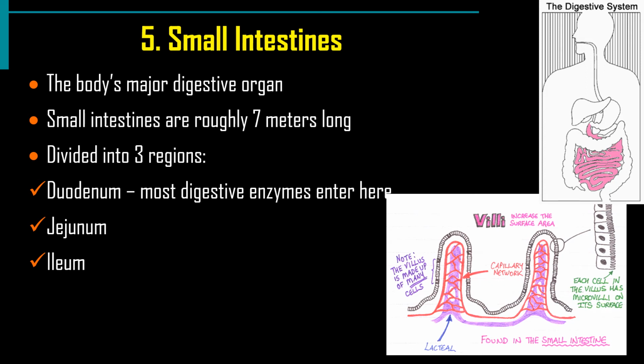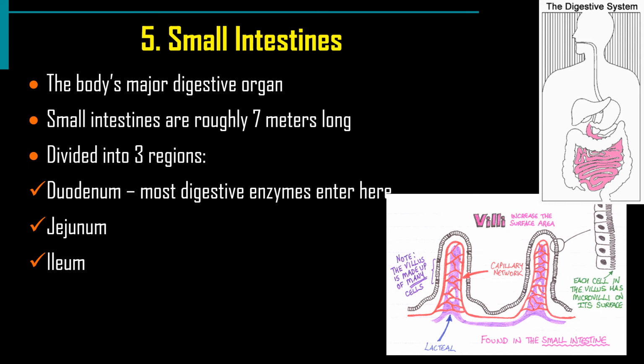Most chemical digestion takes place in the duodenum by chemicals secreted by the liver, pancreas, and small intestine. The other two sections of the small intestine, the jejunum and the ileum, absorb food molecules by way of the villi directly into the bloodstream. Take note that there are two functions of the small intestine.